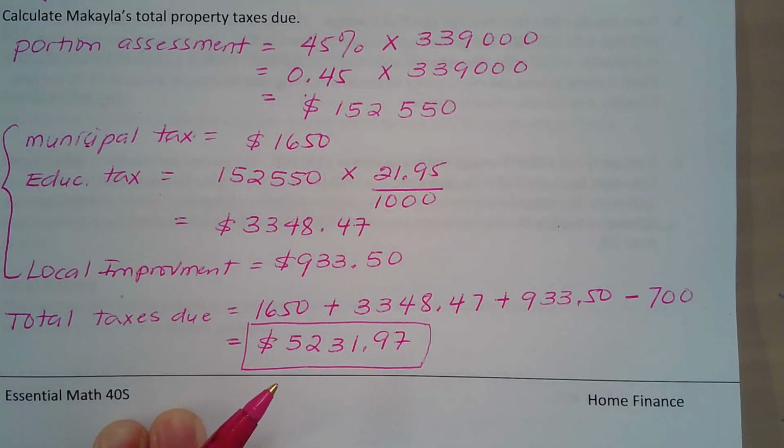Default means we didn't pay. Sometimes years go by without paying. If somebody doesn't pay their property tax year after year, then the city can take possession of the property. Just like if somebody does not pay their mortgage payment.